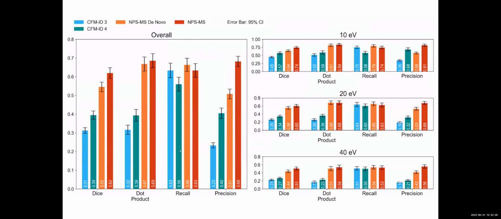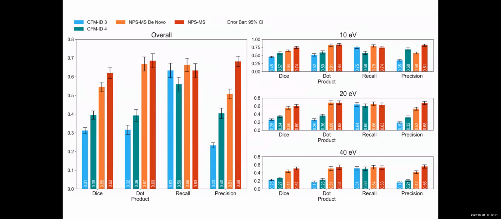Here's the performance comparison across the old CMID3, the newer CMID4 and our domain-specific model on the holdout dataset, which has 120 compounds.